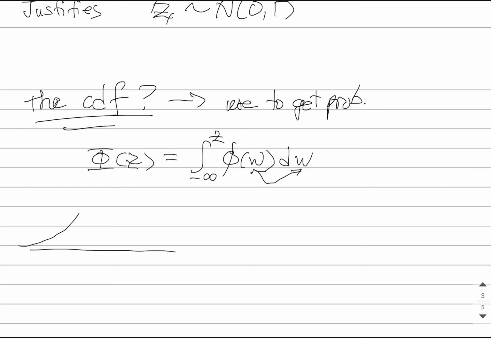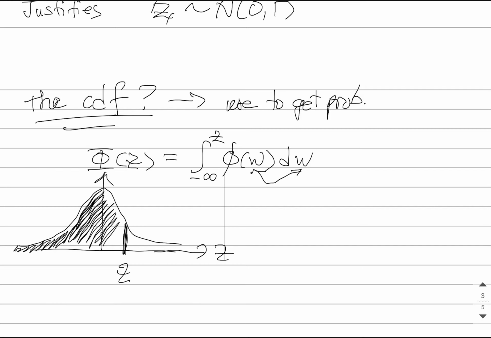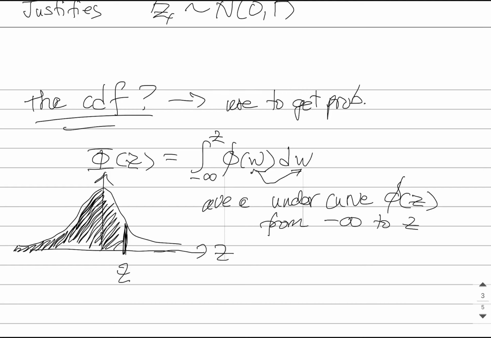And as always, when we talk about a CDF, it represents the area underneath the density curve from negative infinity up to z. So it's the area under the curve, little phi of z, from negative infinity up to some value z.